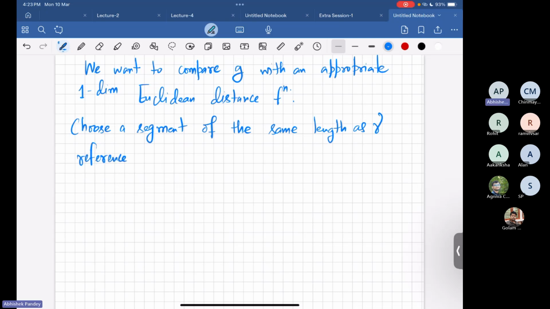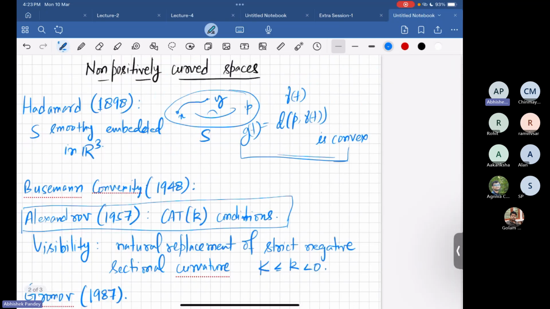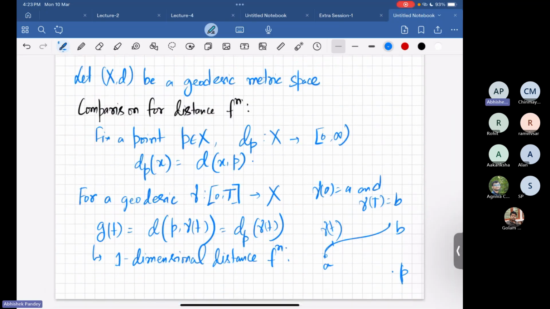So here we have 2 points A comma B in a metric space. We have a geodesic gamma joining A to B, and its length is obviously L_d of gamma, which is t.